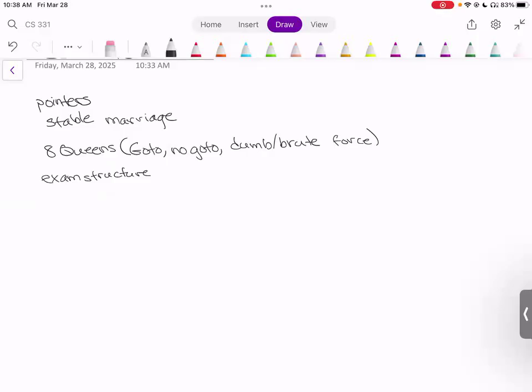Pointers chase. Yeah, we uploaded to a learning site. The recordings drop on the learning commons, and if not, I can try to find the exam structure.